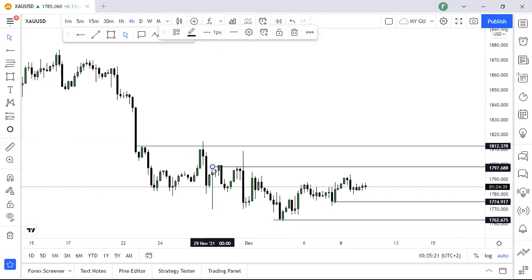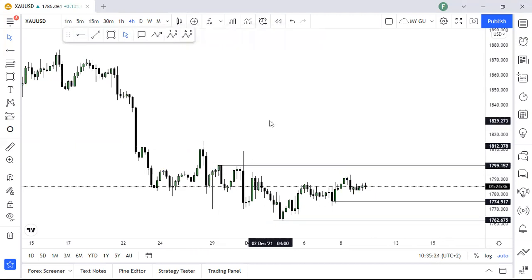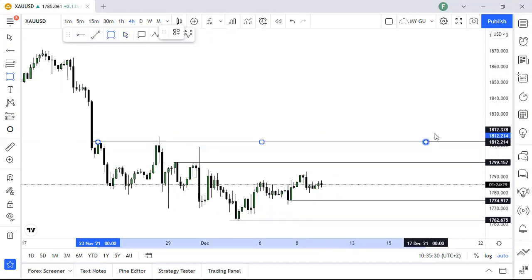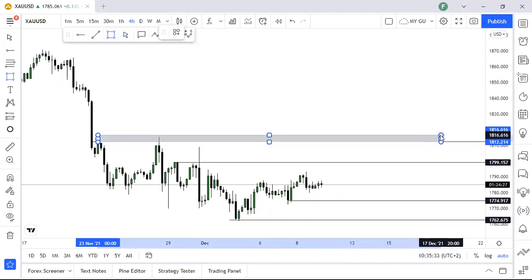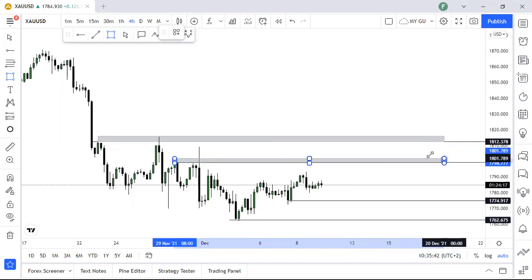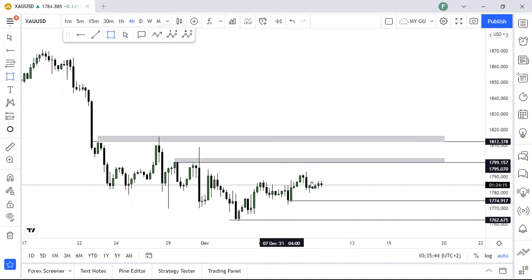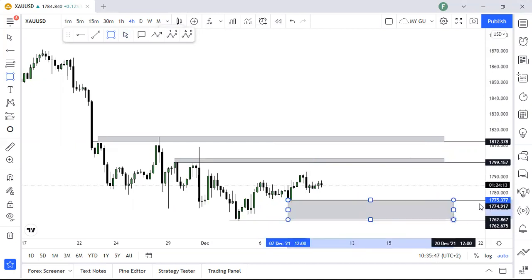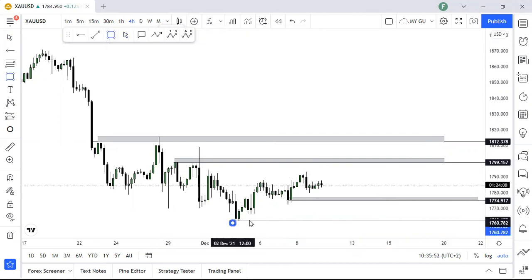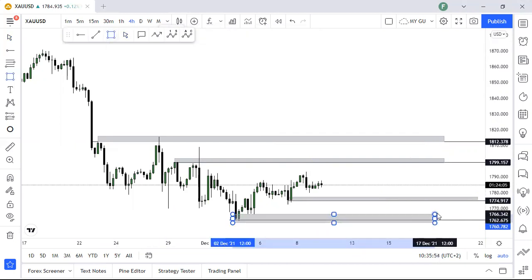If you were to draw your boxes, it wouldn't make sense, because you're going to have a box around this area, and then a box around this area, another one around this area, and another around this area.